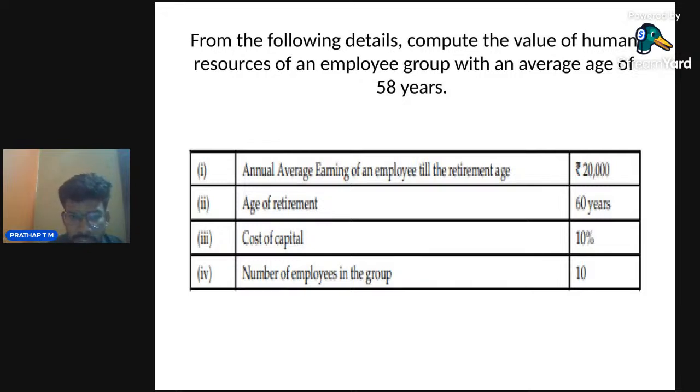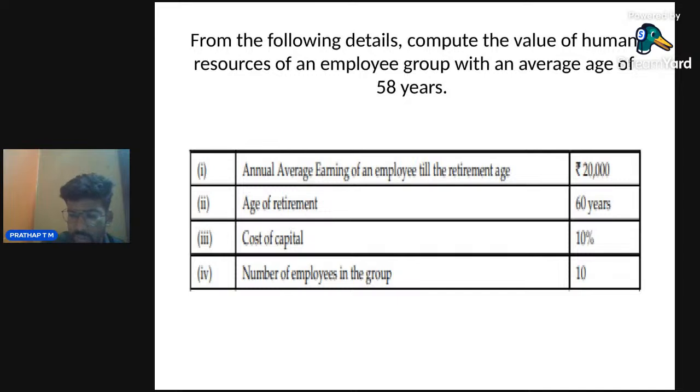So if you simplify, 20,000 divided by 1.21, right? That is very simple, you get 16,528.